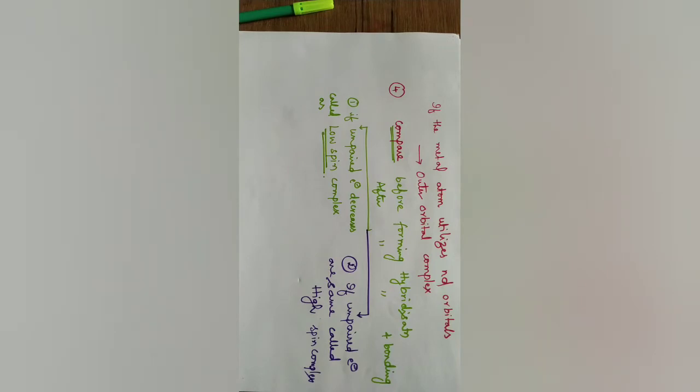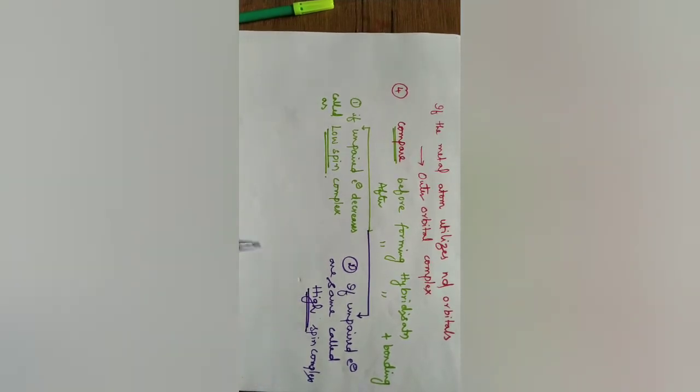After forming the hybridization and bonding with the ligand, how many unpaired electrons are there? If that decreases, you can call it a low spin complex. If it is the same, you can call it a high spin complex. You will understand slowly by taking one example.